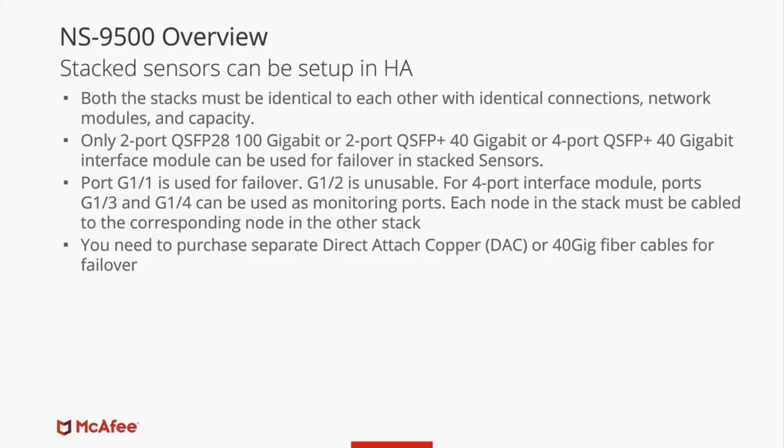For failover, both 100 gigabit QSFPs or QSFP 40 plus gigabit fiber can be used, allowing for slightly longer distances than the direct attached copper cables would allow for making the stack itself. Those are not included with the base model and have to be purchased separately.